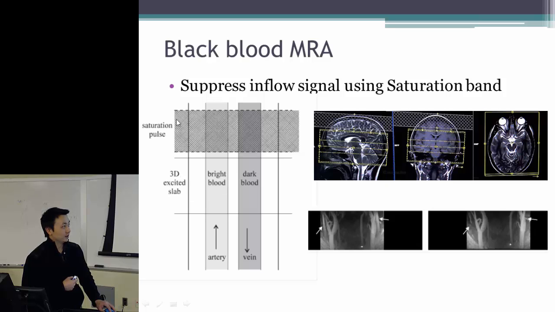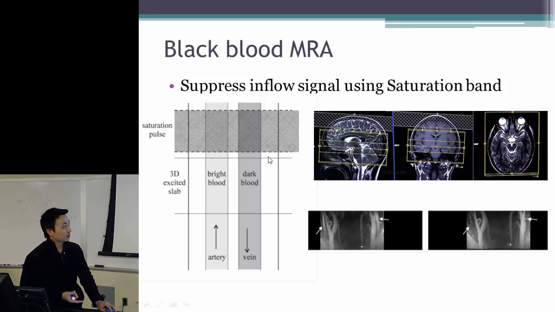A saturation pulse is a 90 degree pulse followed by a strong spoiler gradient. That means you first excite all the signal and then destroy it, and immediately after that you do not have any signal to excite, right?